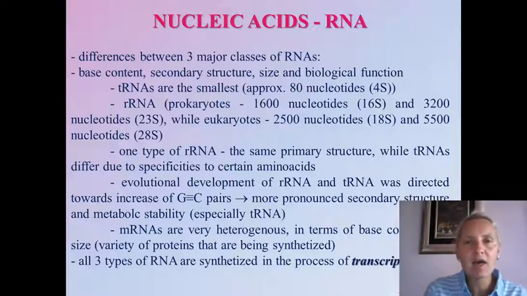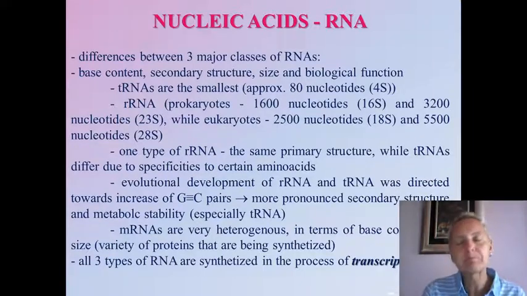So they have more pronounced secondary structure. You will see some coils and some helicoidal structure in those two types of RNA, and some of them are pretty metabolically stable, especially tRNA.